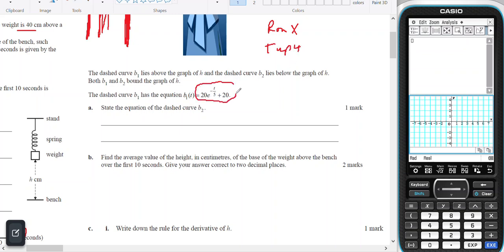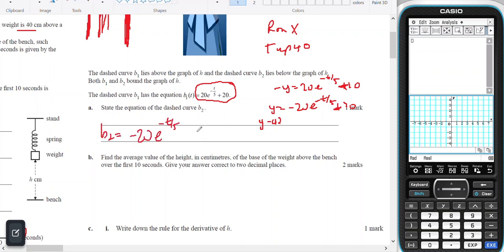So this rule becomes, reflecting over the x-axis, minus y equals 20e to the minus t on 5 plus 20. So y equals minus 20e to the minus t on 5 plus 20. And when we move up 40 units, y minus 40, therefore that's a minus, and that's a minus, that's a plus. So I'm looking for B2 equals minus 20e to the minus t on 5 plus 20.